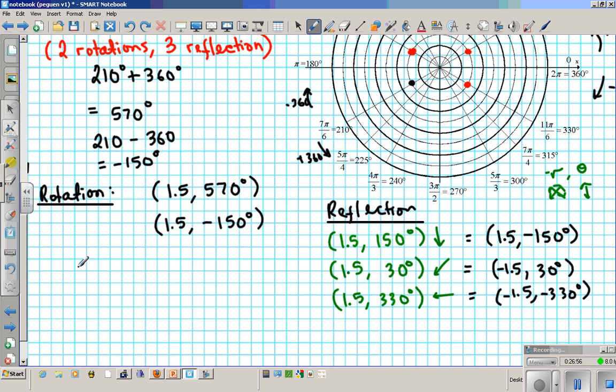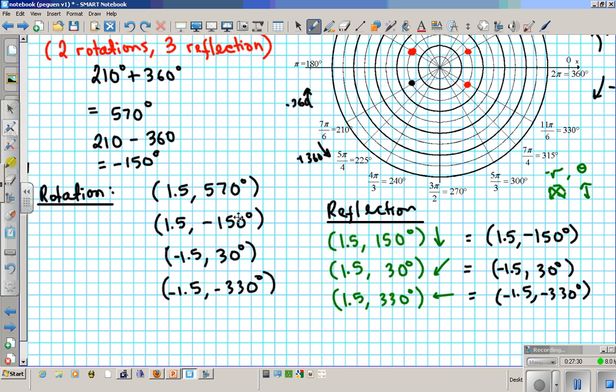Okay? So your points, all the points together are all this. We can put the other ones down here. Let's see. Oh, we have an overlap. So negative 1.5, 30 degrees, and then negative 1.5, negative 330. We need one more because this one is already taken. So all you do here is either subtract another 360 or add another 360 to the original one.